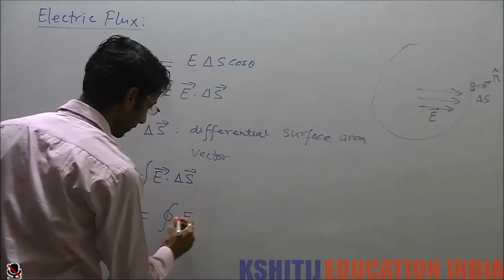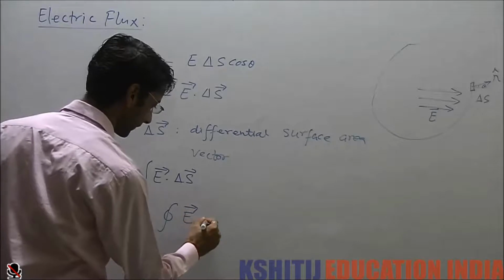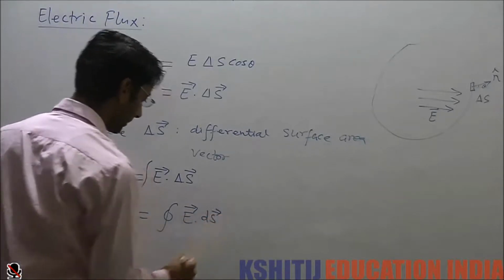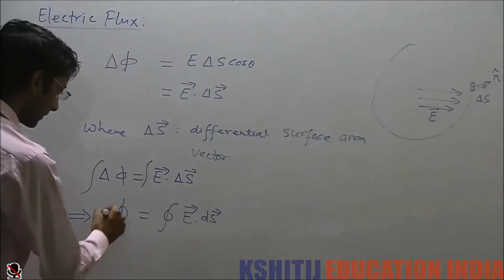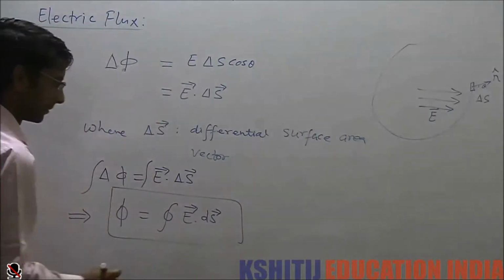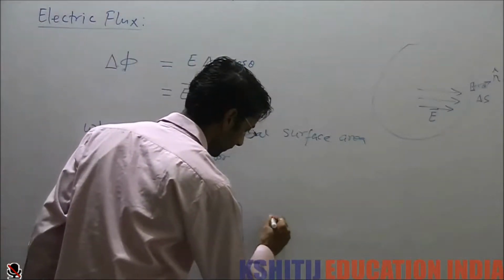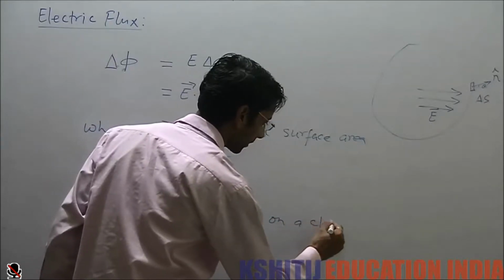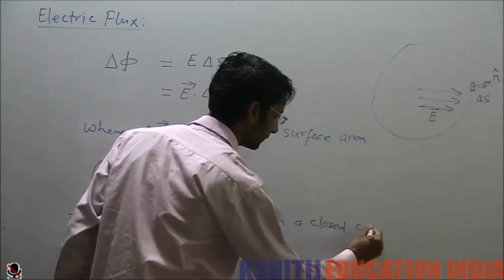So this is for closed cases. This symbol of integration determines that we are doing this integration on a closed curve. So this is on a complete closed curve.